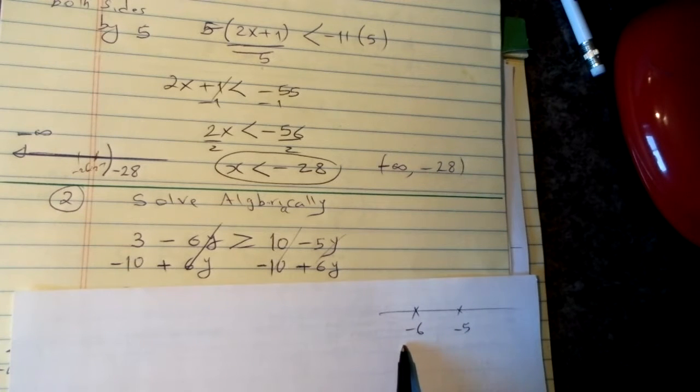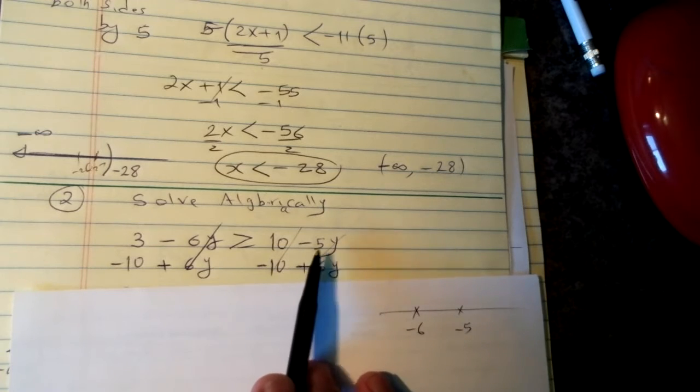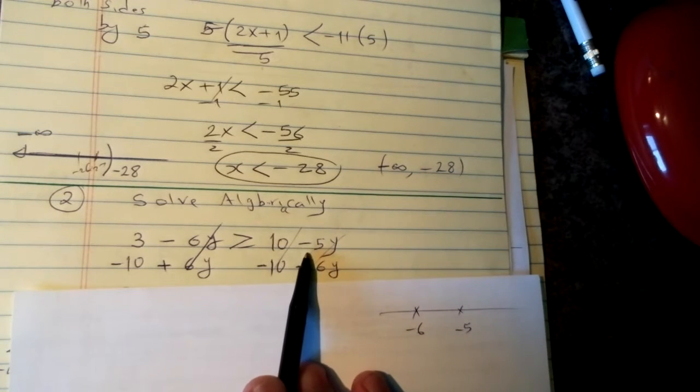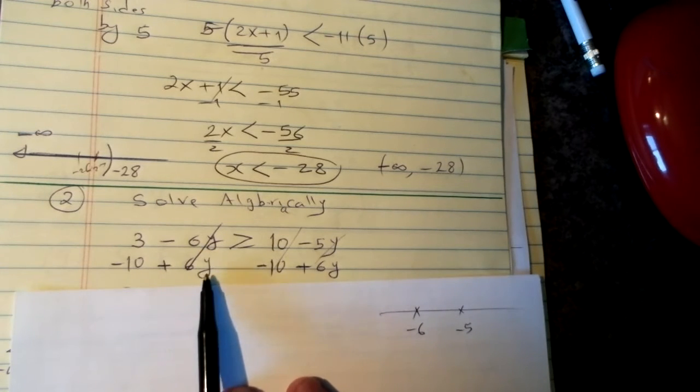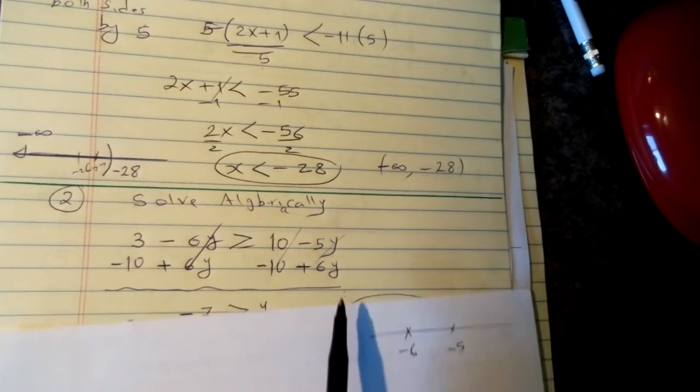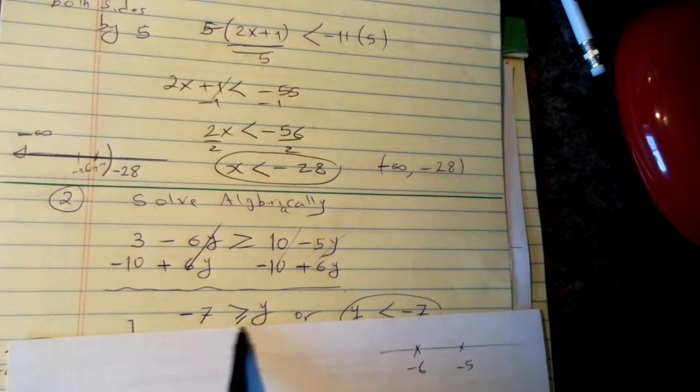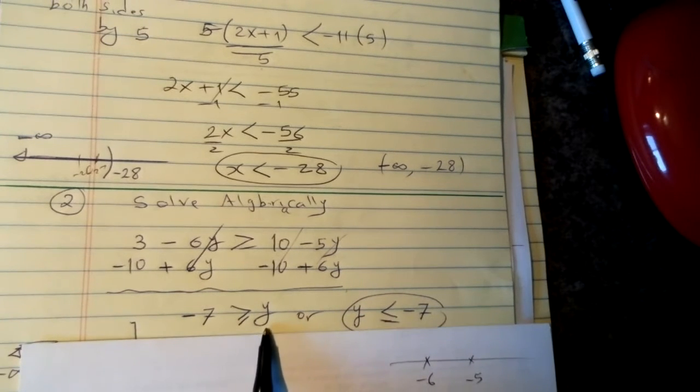You always collect the variables on the side that has the larger coefficient. So minus 5y is greater than minus 6y. Therefore, I collect all the y on this side. I'll add 6y and 6y. So you end up having minus 7 greater than or equal to y, or you could just say y is less than or equal to negative 7.